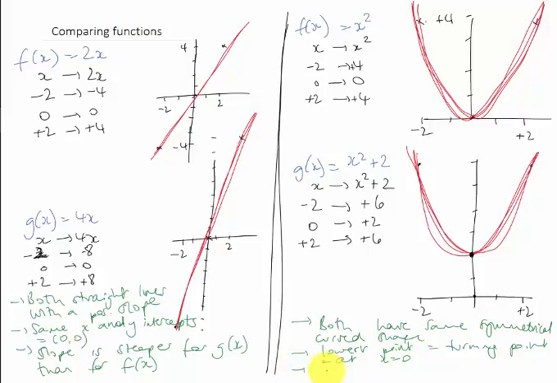But here's the main difference: the outputs are all shifted up by 2 for g compared to f. So those are the things that one might like to think about when comparing two similar functions.